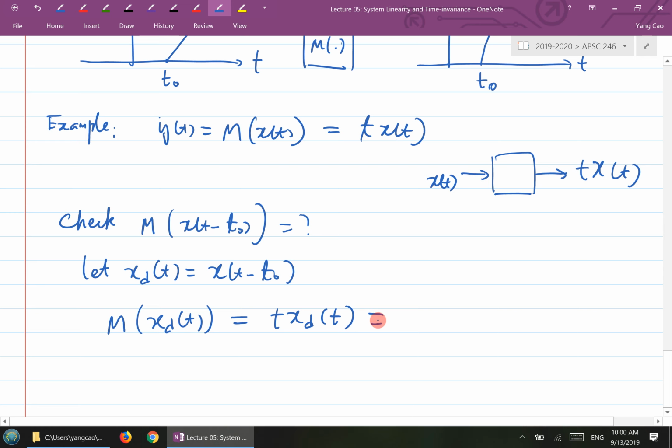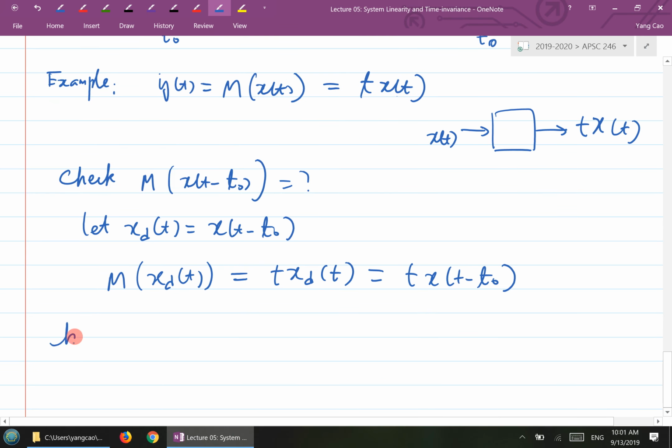Now you can put x back because you know what xd is, that's what you defined. So you get t times x of t minus t naught. That's your left side of the time invariant property.